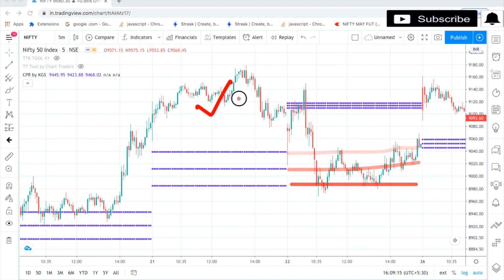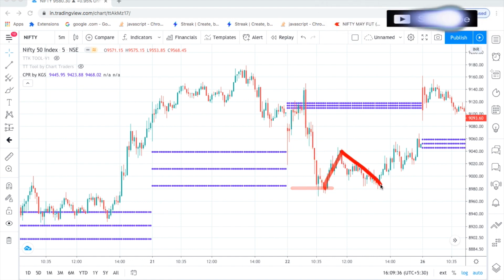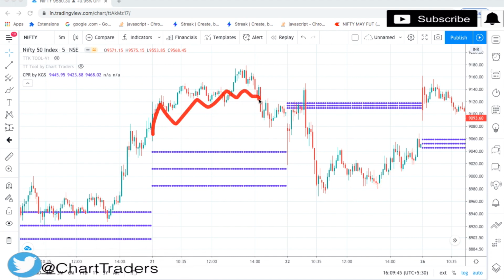Whenever on the next day price comes to this point, you can buy. For example, if early morning it opens below this CPR, you can buy on this upward movement. Again price came down to the third line, we can buy up to this point. Again it came down, taking support at the CPR line, you can buy. A simple concept when the previous day price is above the CPR.